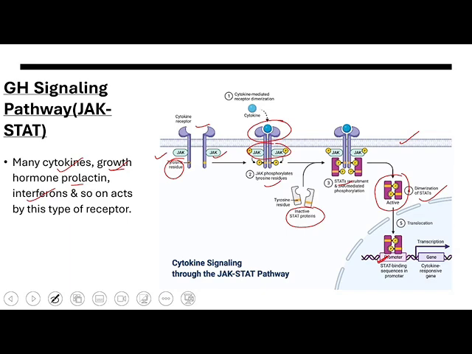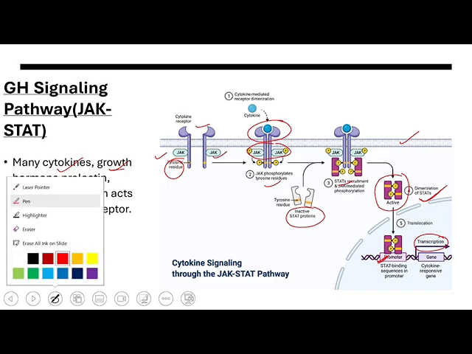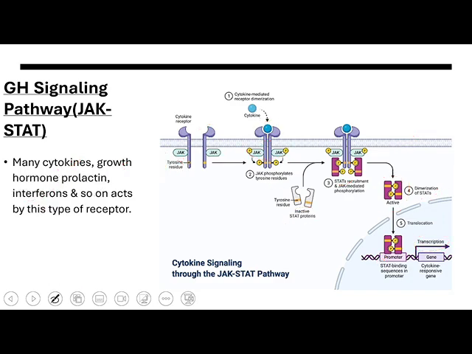Once this transcription is accelerated after binding of this dimerized phosphorylated STAT to the promoter site, then various genes begin to encode the proteins and enzymes that are necessary for various metabolic activities, and thus growth hormone works through the signaling pathway for various biological and metabolic activities.